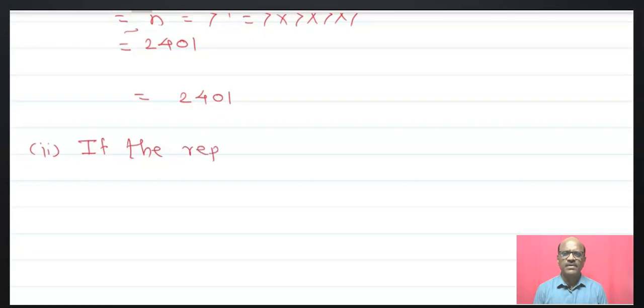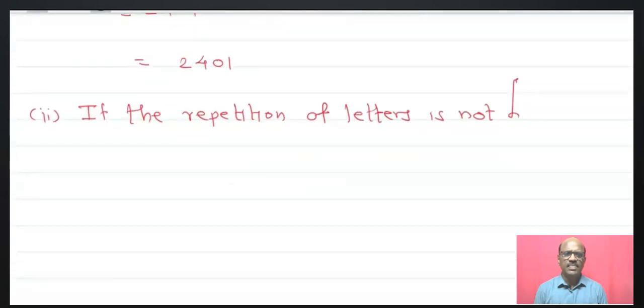Now, second, if the repetition of letters is not allowed, then it is very simple. That is nPr, n factorial upon (n minus r) factorial.